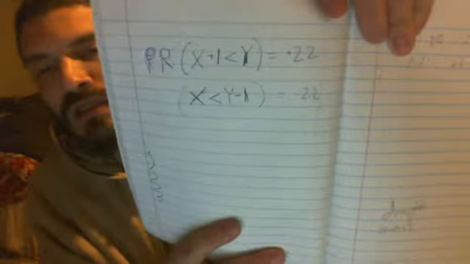Probability that x is less than y minus 1 is 0.22. And actually, why should x be less than y minus 1? If they're both the same, why should x be less than y minus 1?